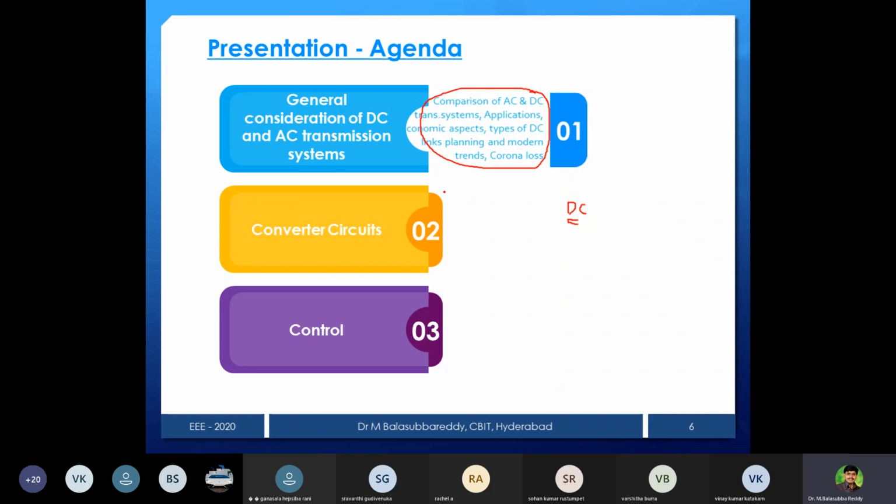What are the comparisons? The last topic, after technical and economic, is the reliability aspect. How reliable is it compared to AC? DC transmission is very good compared to AC in terms of reliability. Why do I call it a reliability aspect? The component failures are very few. Some of the components, like thyristors, according to the literature, can work even 13 or 14 years without failure.